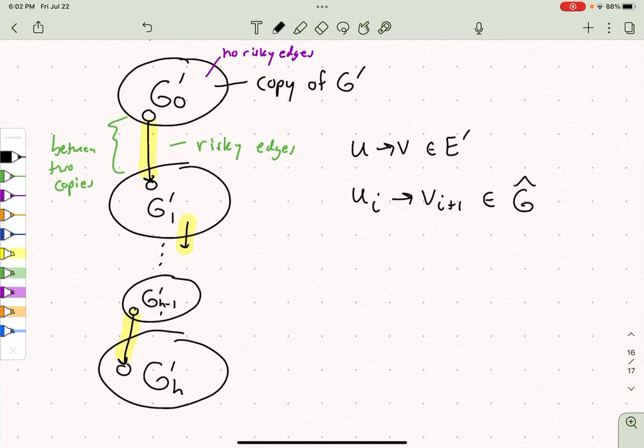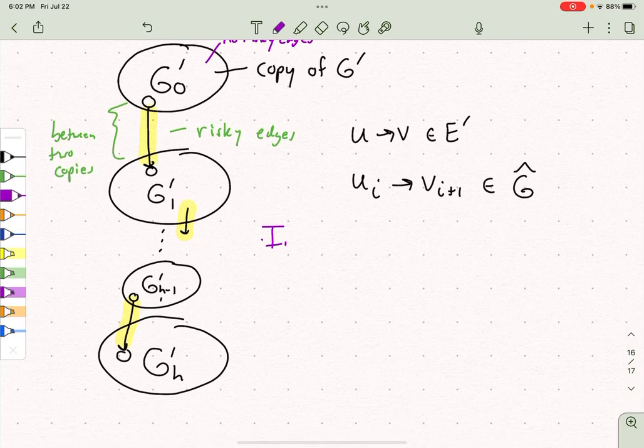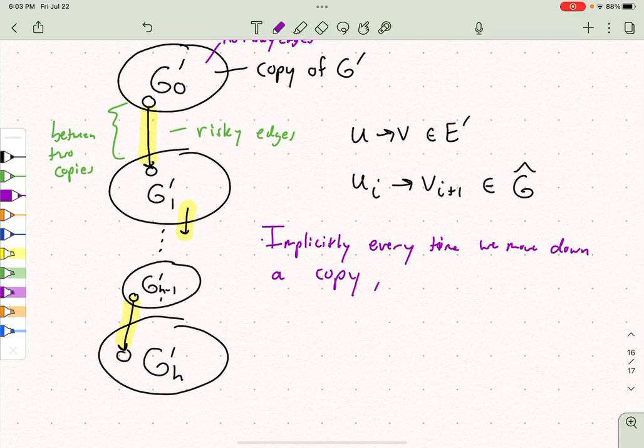So implicitly, every time we move down, our risky edge counter, or let's say our risky edge limit, goes down. Now we don't literally have a counter, but implicitly that's what's happening.